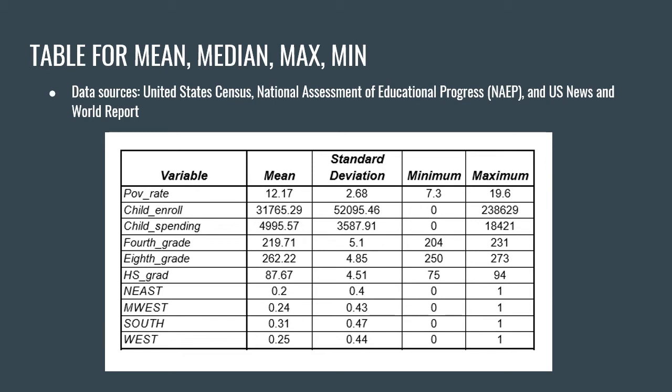Now, the next independent variable that we measured was high school graduation rate. This is a significant variable for us because this is the variable where people are about to enter the workforce.